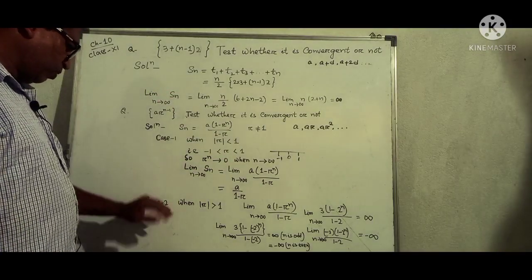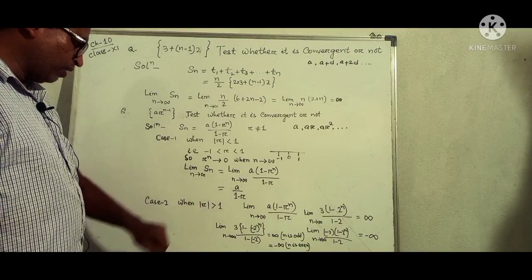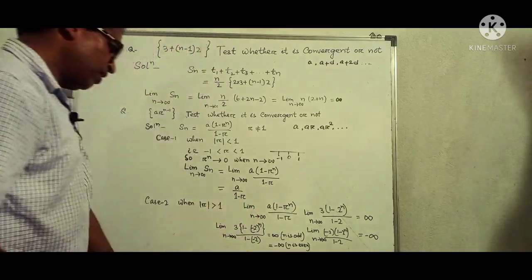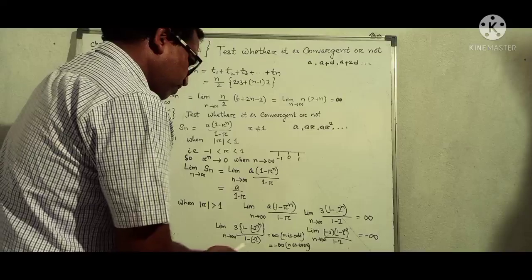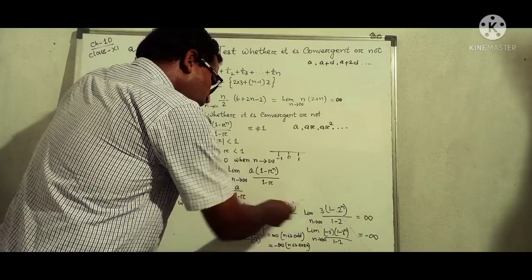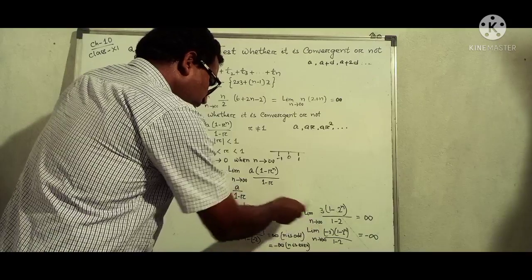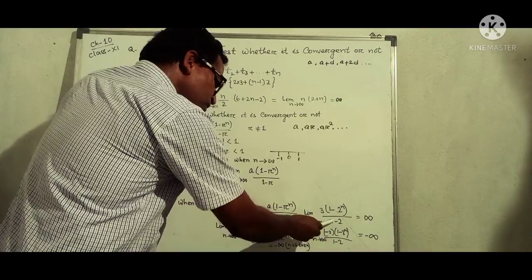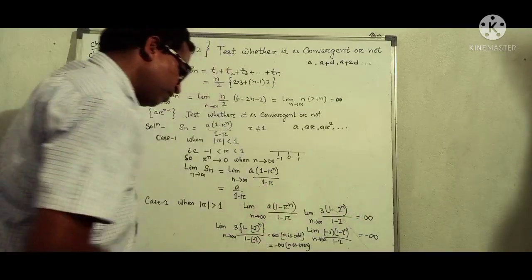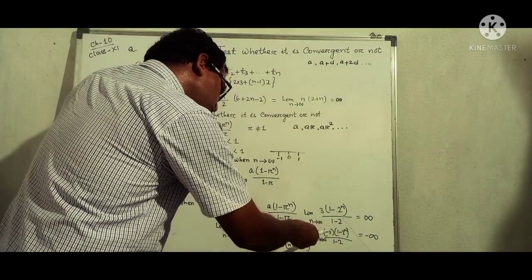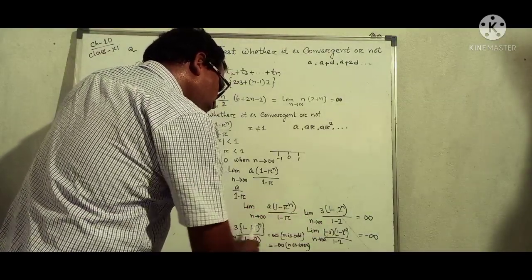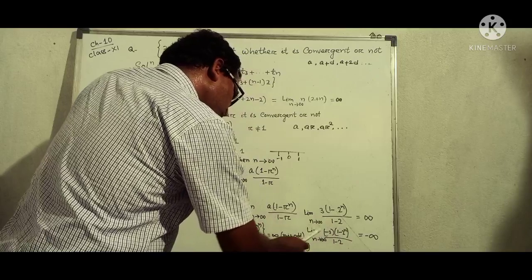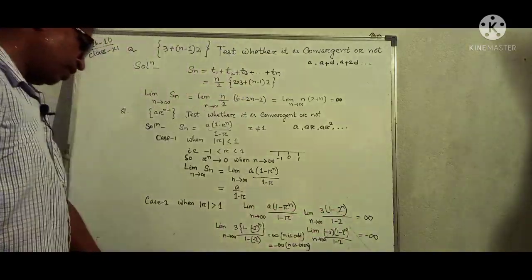And case 2, when the absolute value of r is greater than 1, the limit of a into (1 minus r to the power n) by (1 minus r) as n tends to infinity. I am taking examples so you can understand. I have taken a equal to 3 and r equal to 2, so this value will be infinite. When I take a equal to minus 3 and r equal to 2, it will be minus infinity.